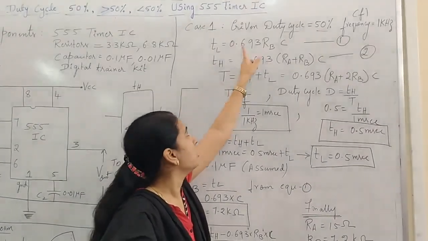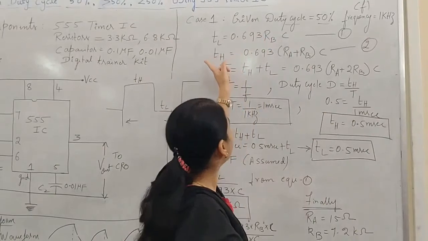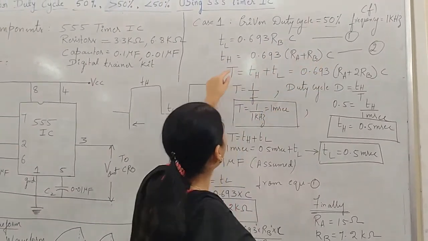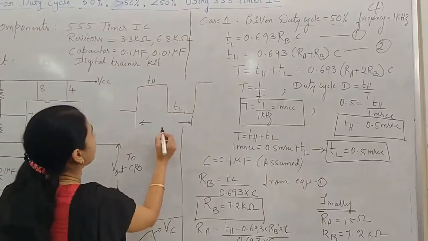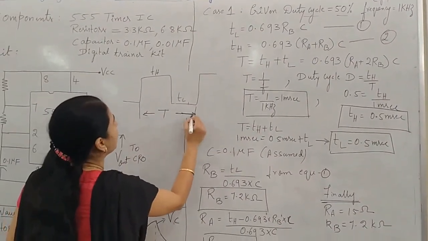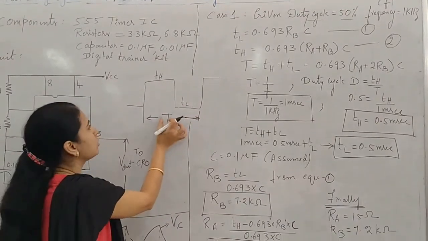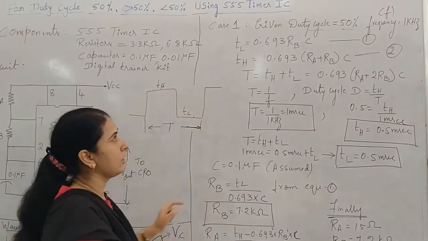TL is 0.693 into RB into C. TH is 0.693 into RA plus RB into C. And we also know that total time period of entire one cycle, this is one cycle, high and low together is one cycle. So capital T will be TH plus TL.